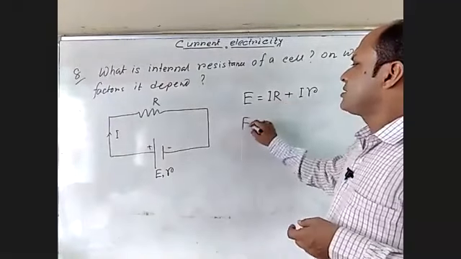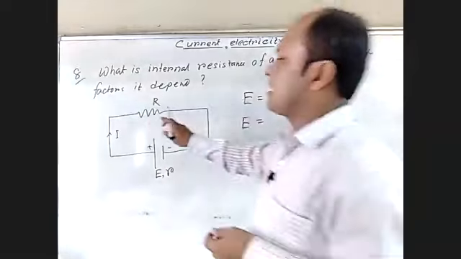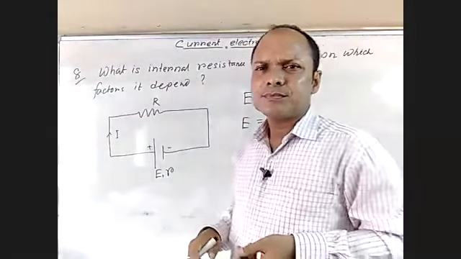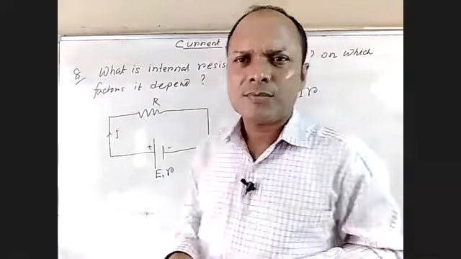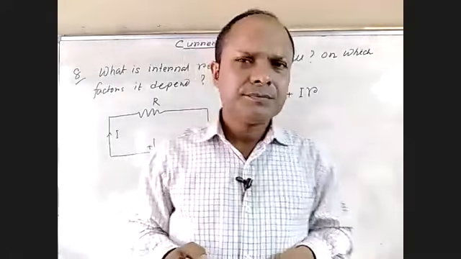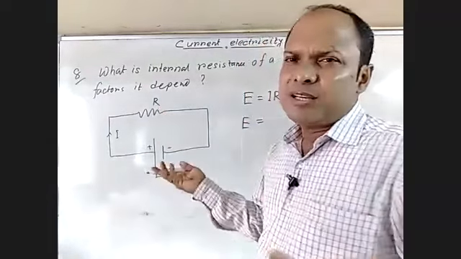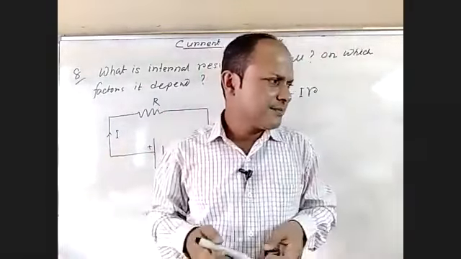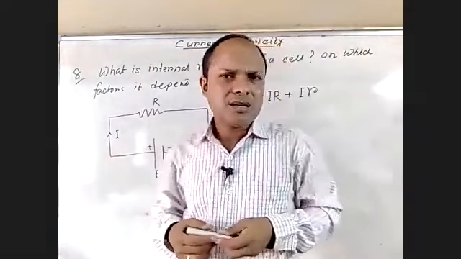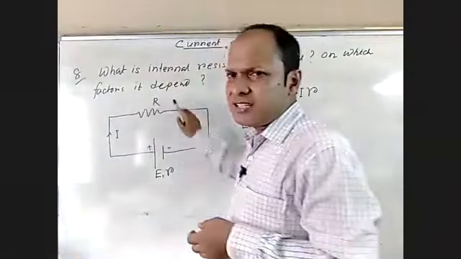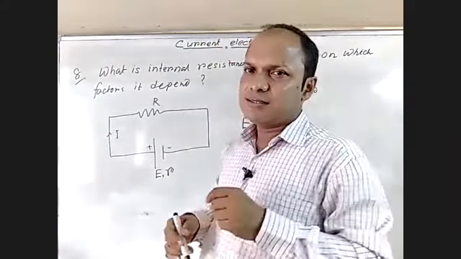This I capital R is the voltage drop across the external resistance. It may be a bulb, it may be a fan, it may be an electrical device. Whenever any instrument or electrical device is connected, it will behave like a resistance.